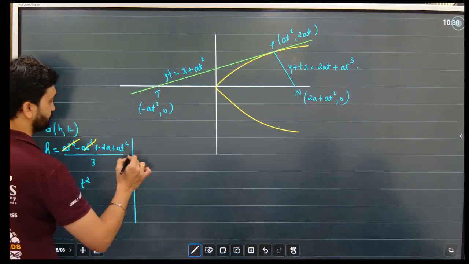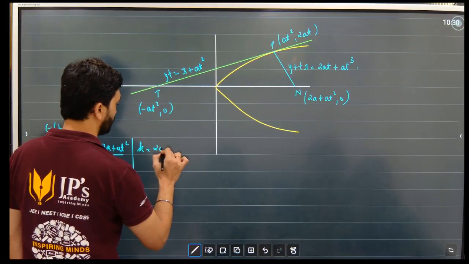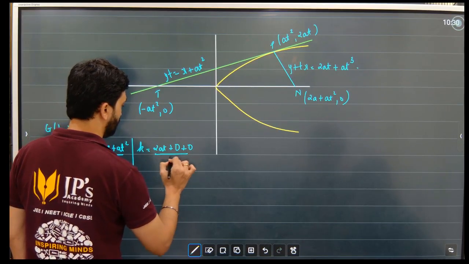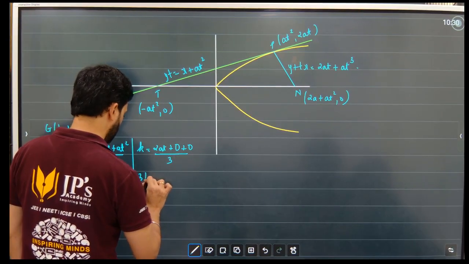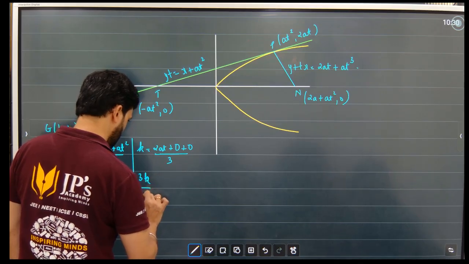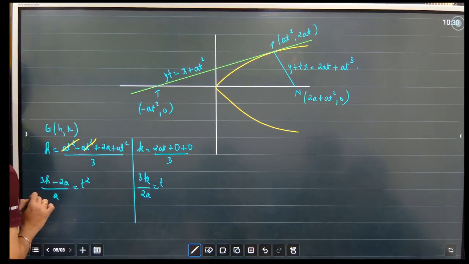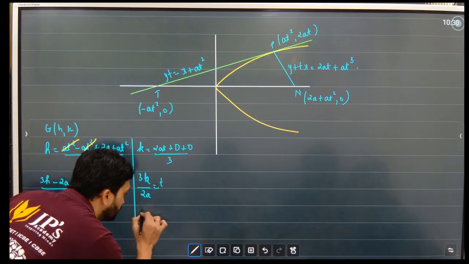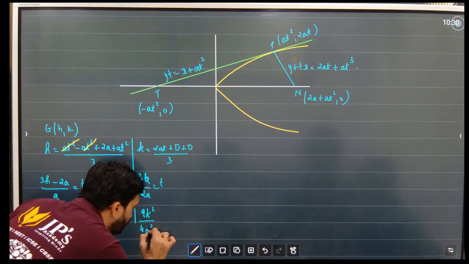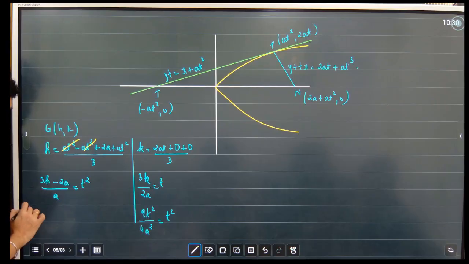Now I will take k. k = (2at+0+0)/3, so 3k/2a = t. Therefore, if I square this, 9k²/4a² = t². Now I'll compare both the t².